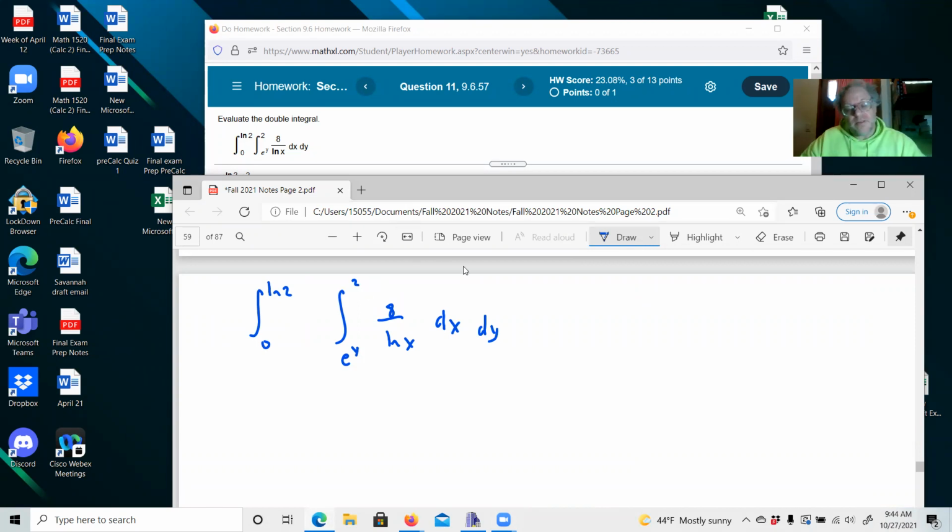When I'm looking at this, I don't want to integrate 1 over ln x, or ln x to the -1. It's going to involve an integration by parts at best. It might involve other techniques, but I don't want to do that. That looks terrible, and that's a little frightening.